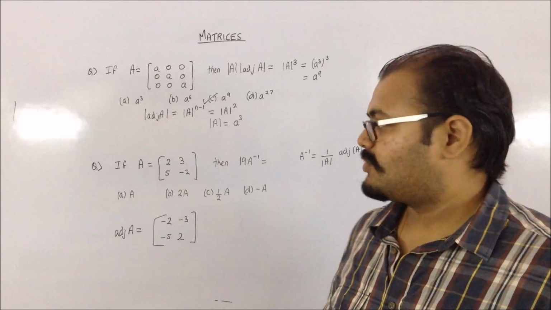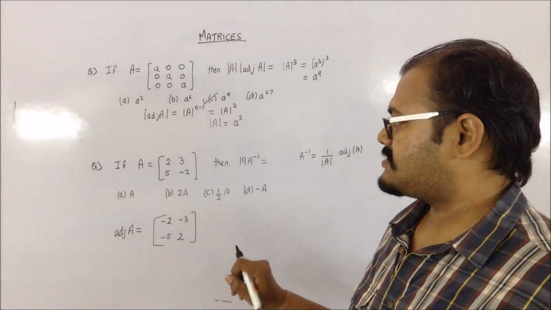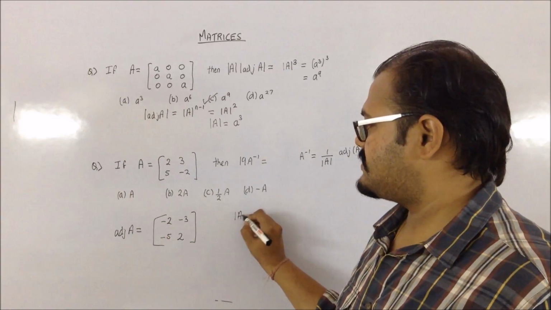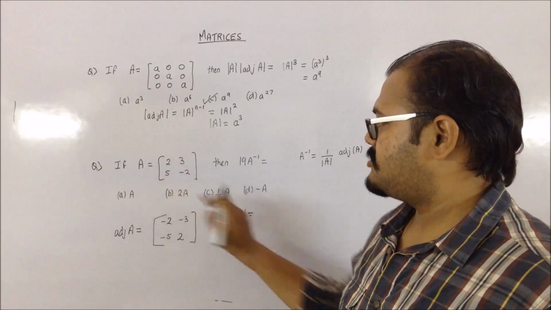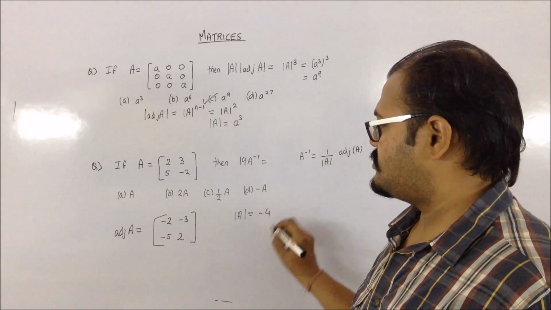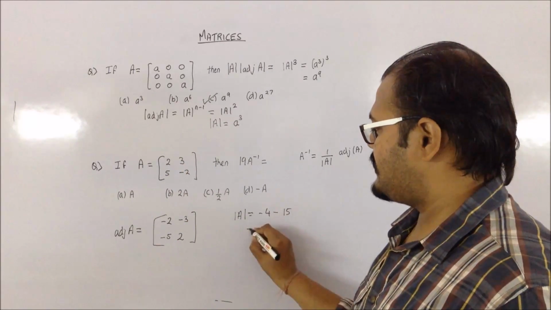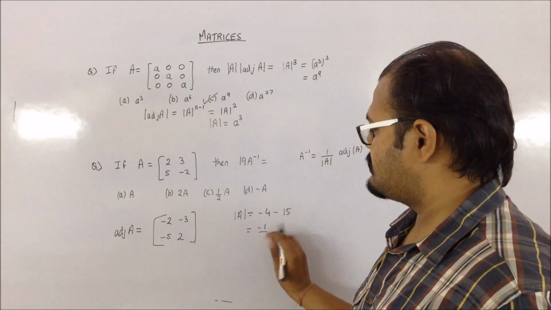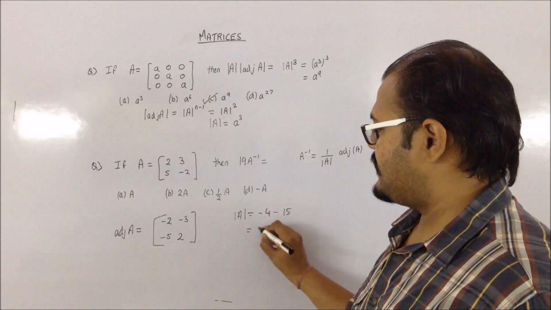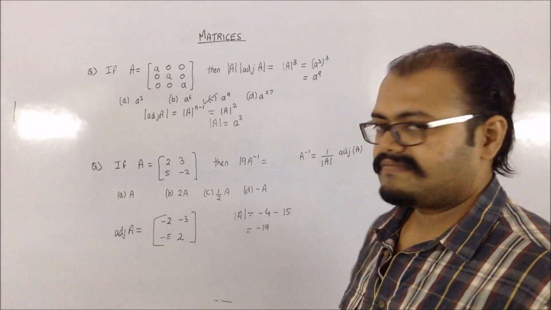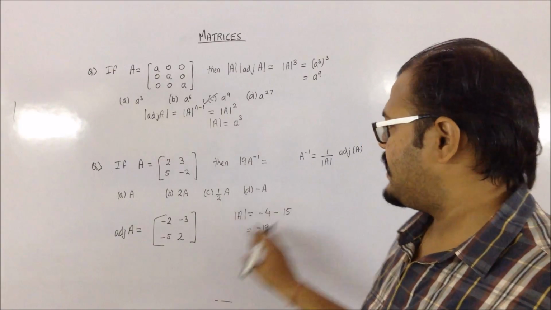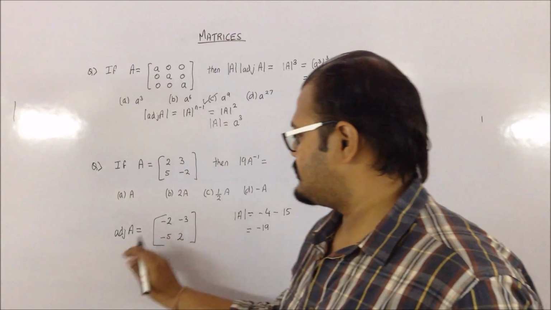Next I have to find what is going to be my determinant of A. So my determinant of A will be basically 2 into minus 2, that is minus 4, minus 5 into 3, that is 15. So I will get this value as minus 19.